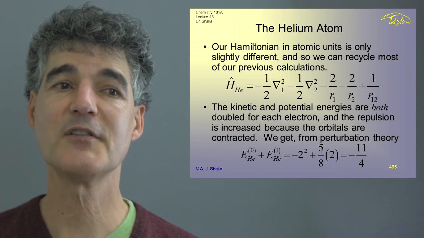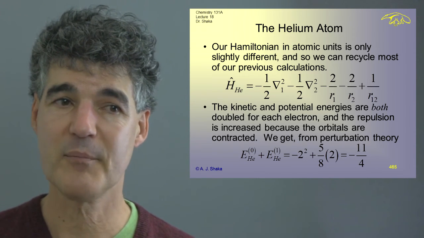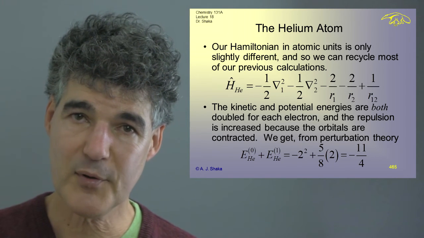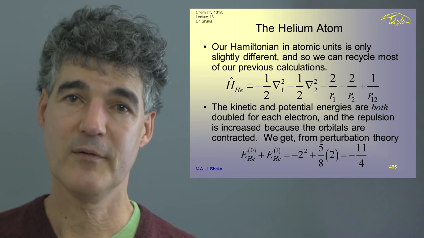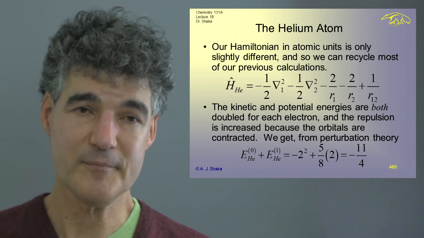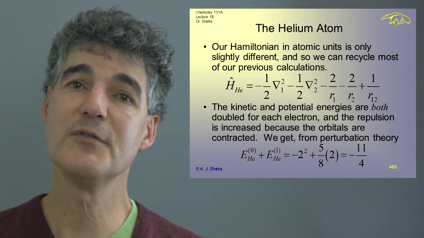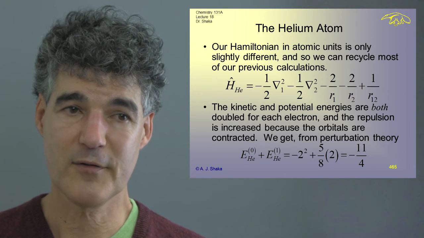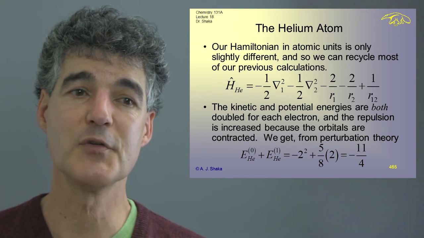The kinetic and potential energies are going to be both doubled for each electron. And the repulsion is going to be increased as well, because the orbitals are going to get pulled in toward the nucleus. And what we get when we work it out is, instead of getting -1/2, we get -2 squared for the zeroth order energy, and instead of just getting 5/8, we get 5/8 times 2.